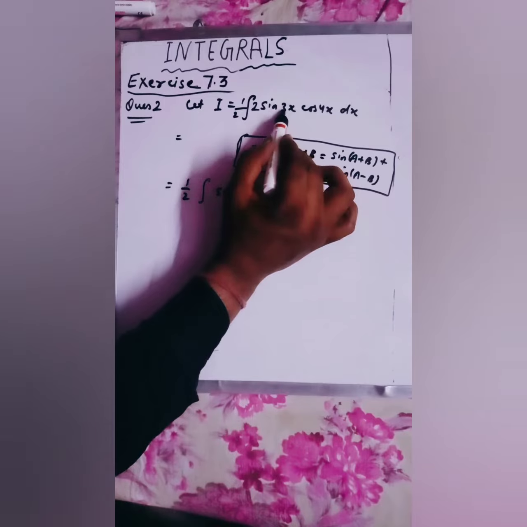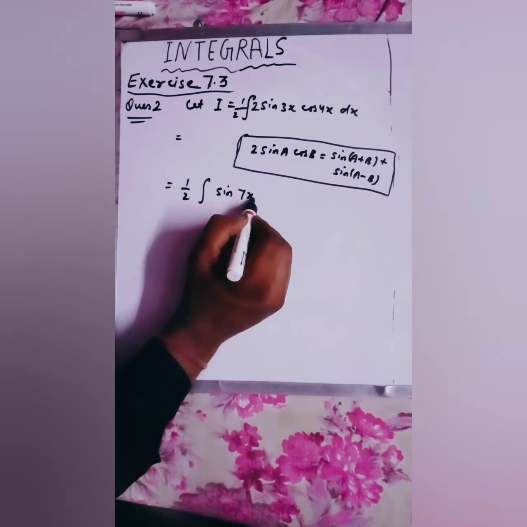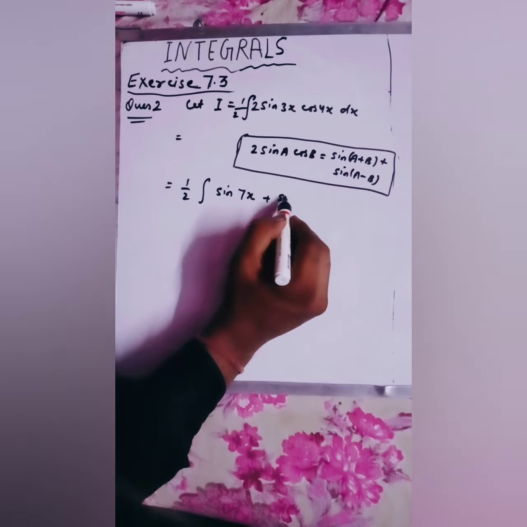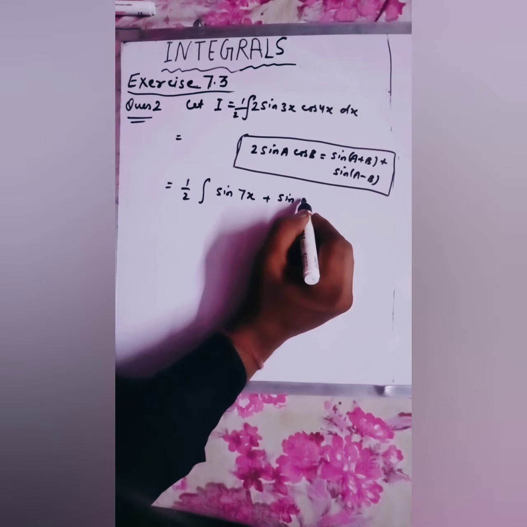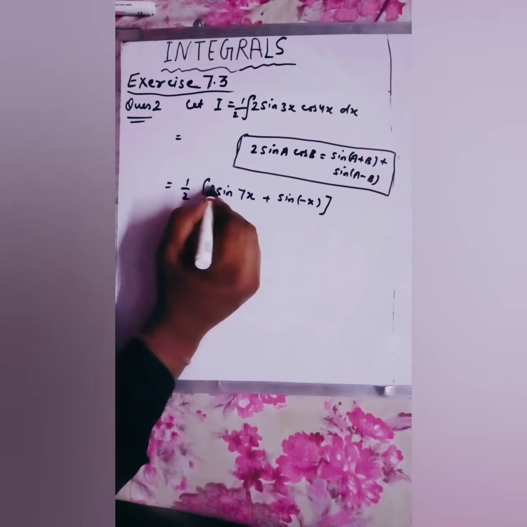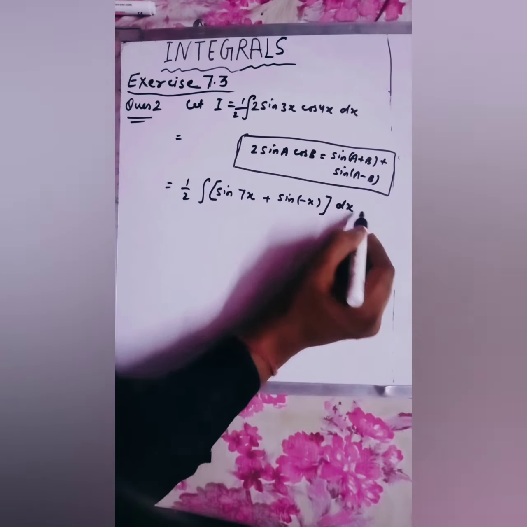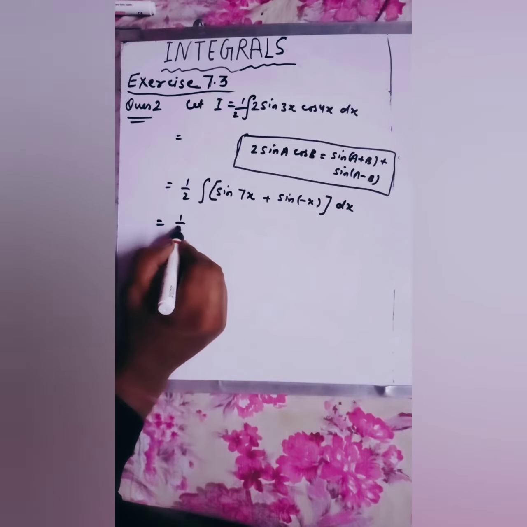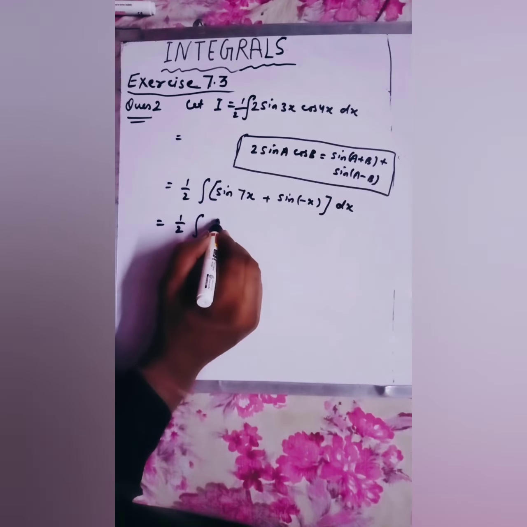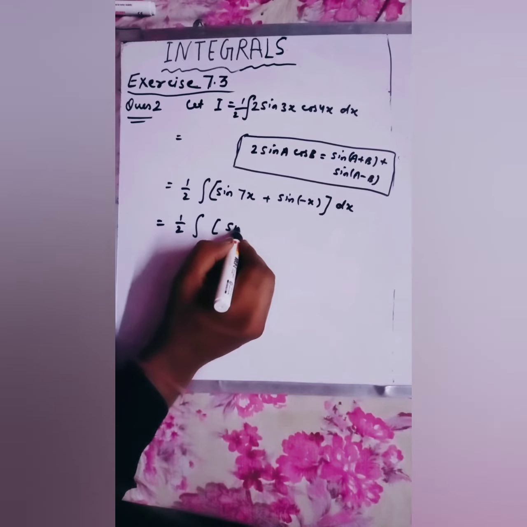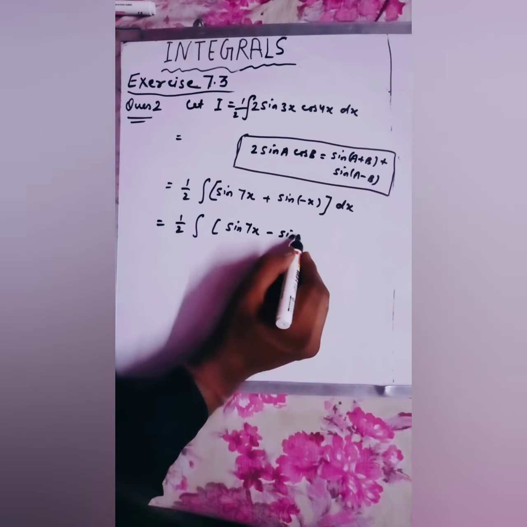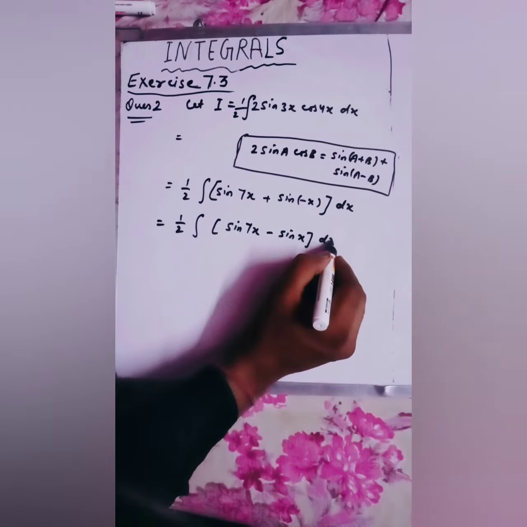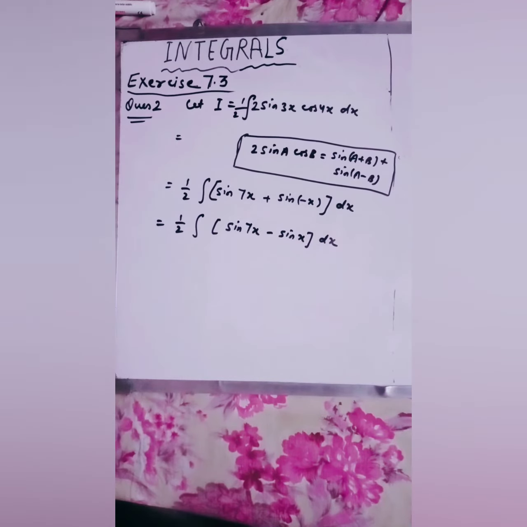A plus B means 3x plus 4x, that is 7x, plus sine of this minus this, that would be 3x minus 4x, that would be minus x, into dx. So half will come outside, integral of sine 7x minus sine x into dx.